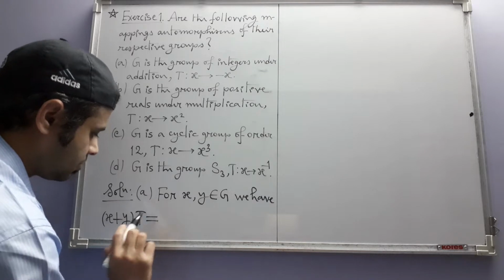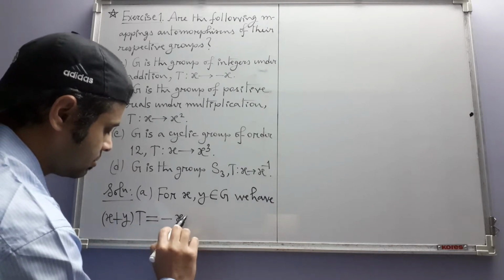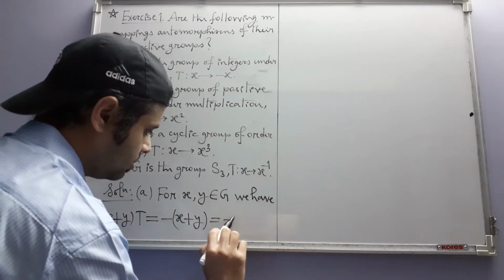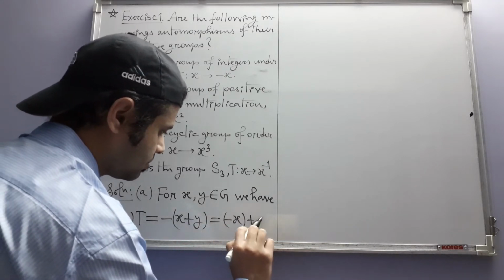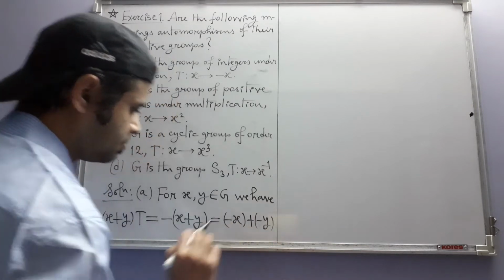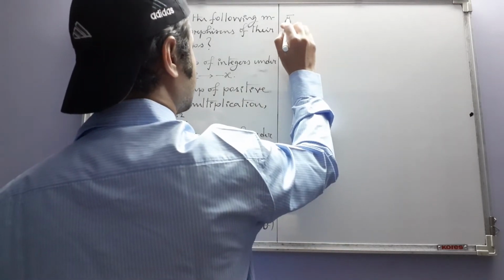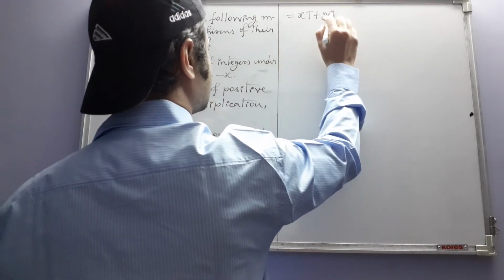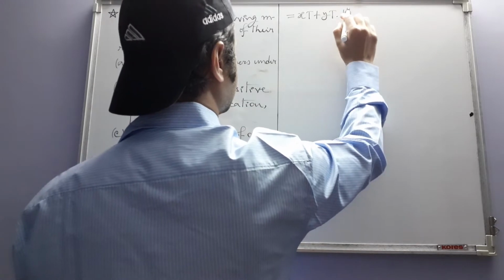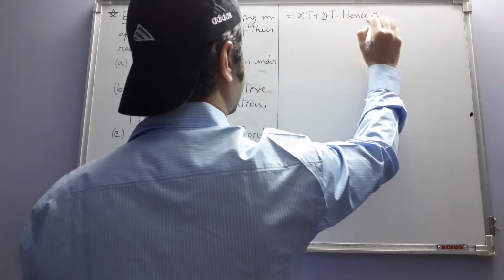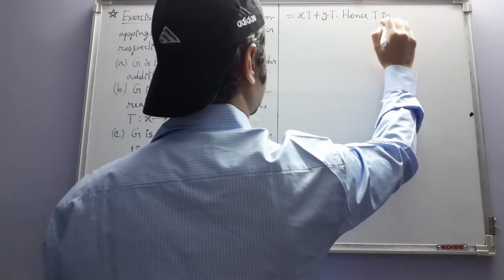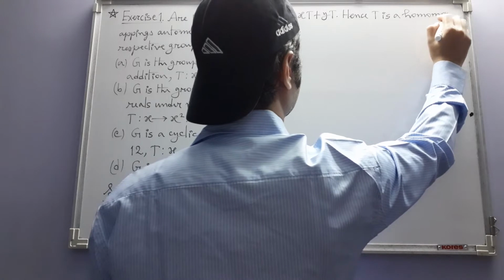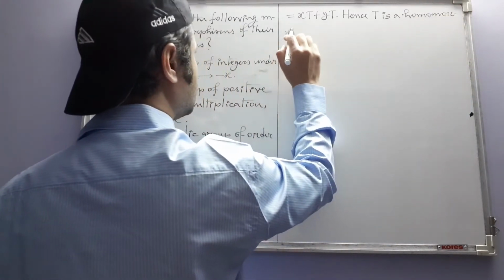The t image of x plus y is minus of x plus y, which we know is minus x plus minus y, and this is xt plus yt. Hence t is a homomorphism.